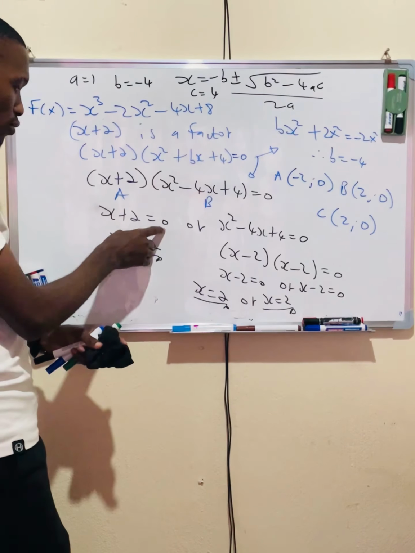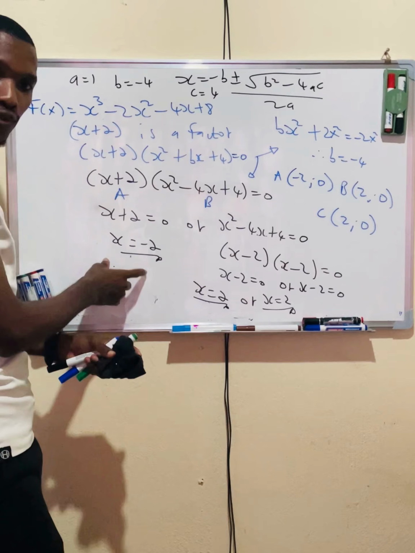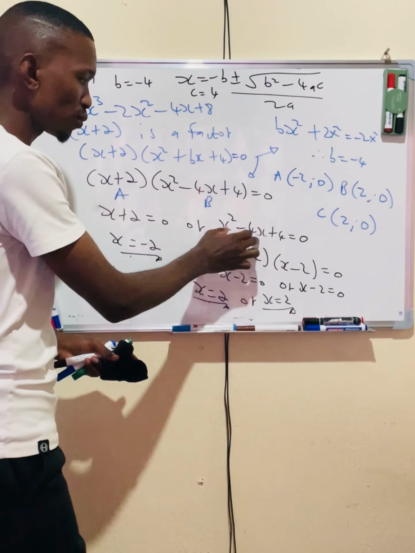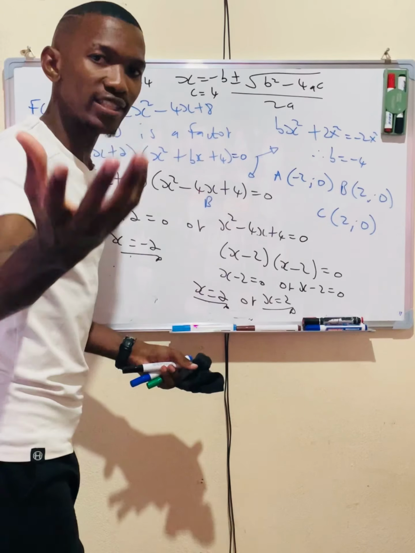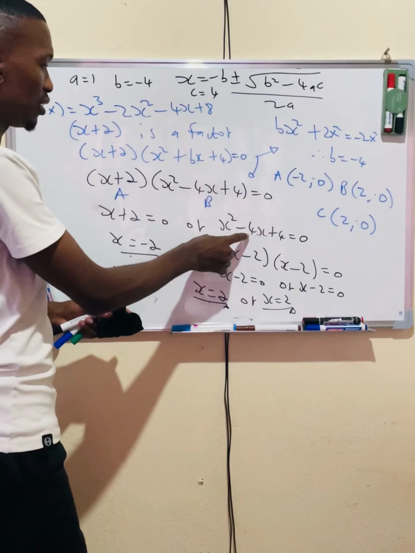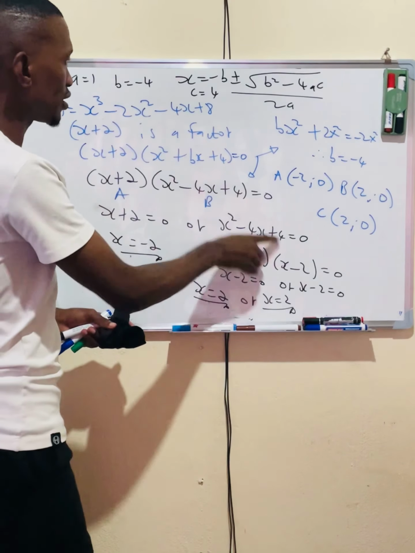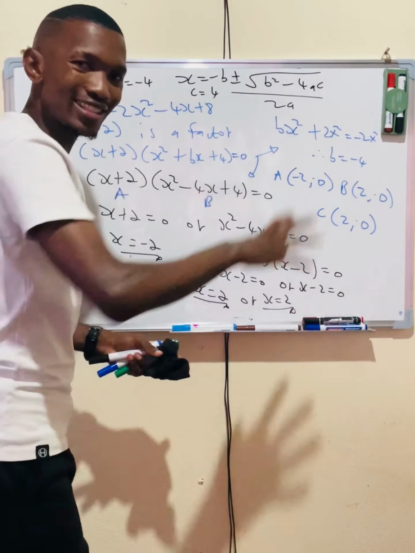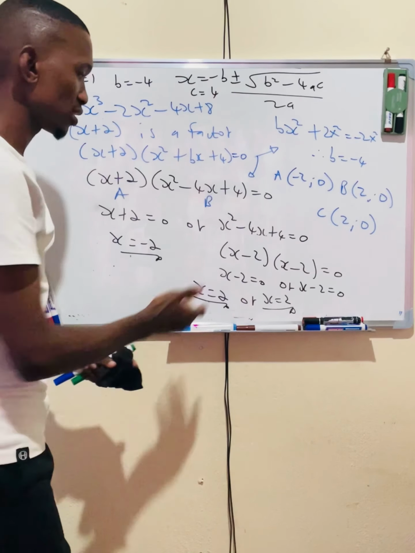So x plus 2 equals 0, then we know x equals negative 2. You are done solving the A. The B part, x squared minus 4x plus 4 equals 0. You can use the quadratic formula, where a equals 1, b equals minus 4, c equals 4. So when you see a, b, c, you just substitute there. It's going to give you the answers.